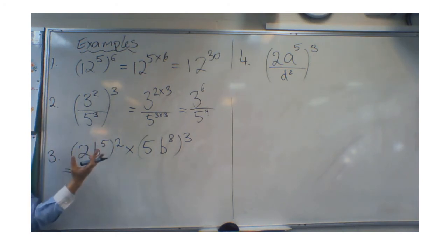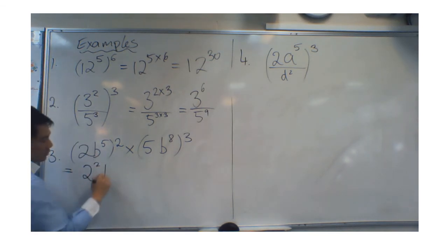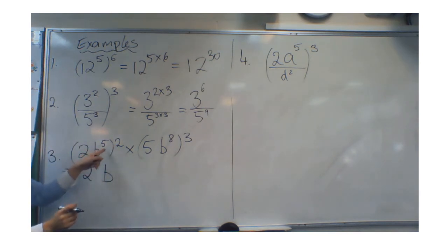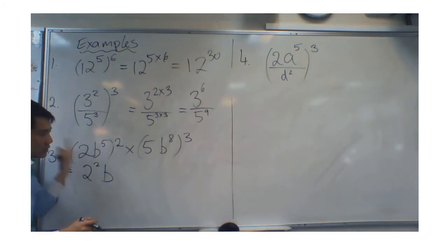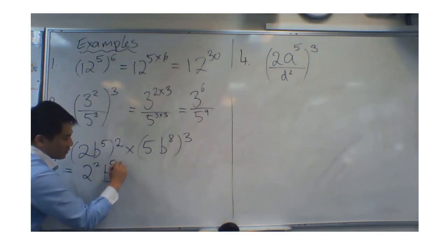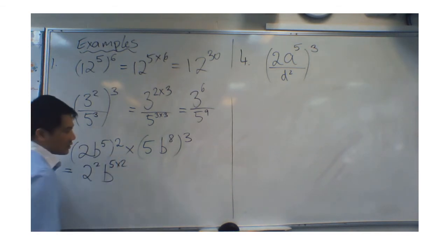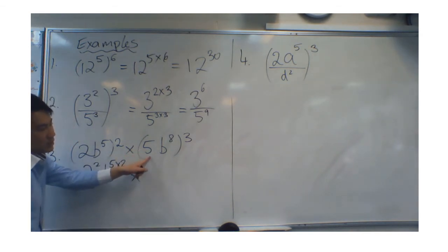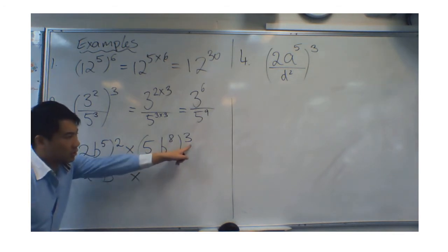So, as I was saying, this 2 applies to everything inside the bracket, which means that becomes 2 to the power of 2. b, if I'm raising b to the power of 5 by 2, what do I do with the power? You times them, 5 times 2. Right? Then you're multiplying 5 to the power of 3, right?